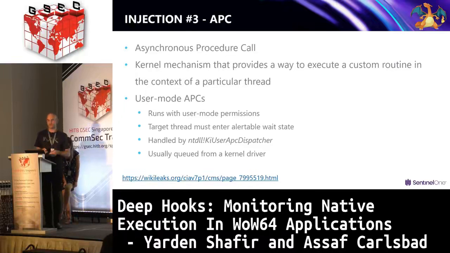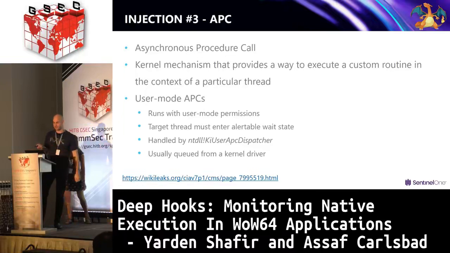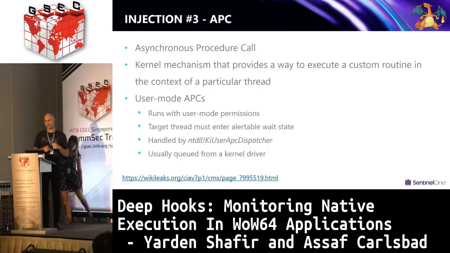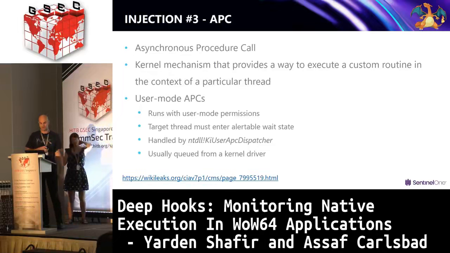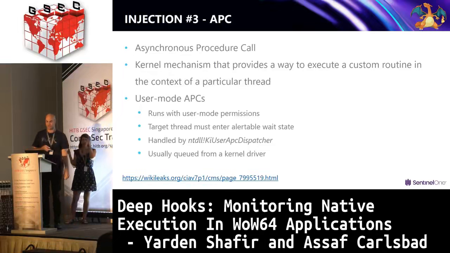That happens, for example, when the thread goes to sleep, waits for a synchronization object or something like that. The third key point to notice is that all user mode APCs are first handled by one single function called KiUserApcDispatcher, which is exported from NTDLL. This function basically is going to make several preparations and then just jump to the function which the programmer intended to call. And we will get back into this function later.